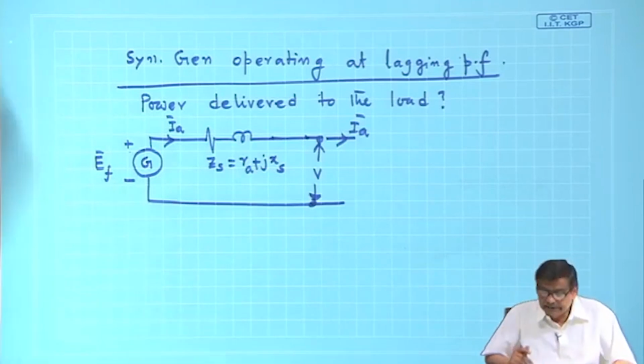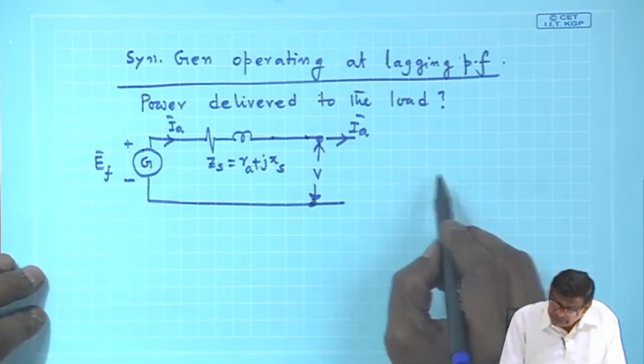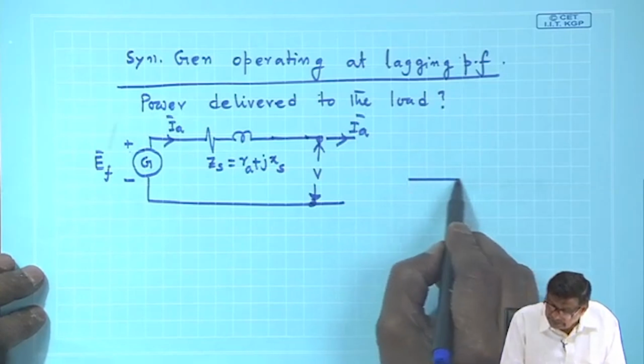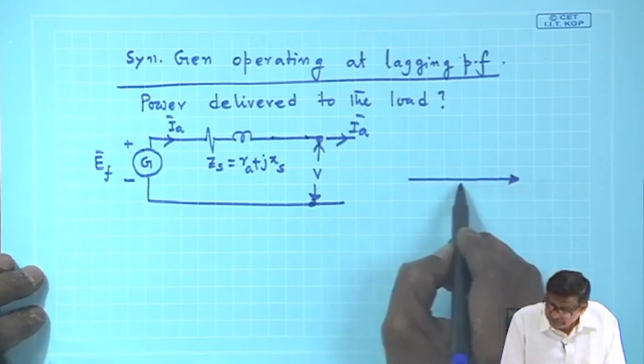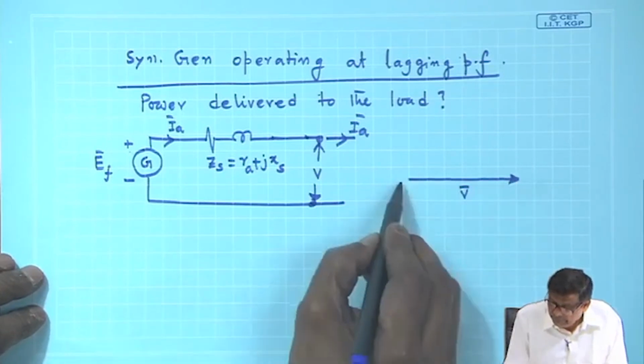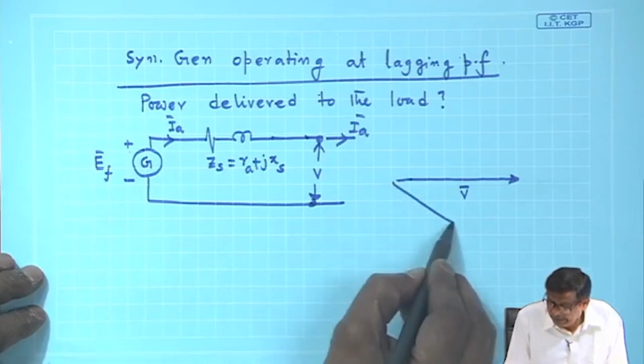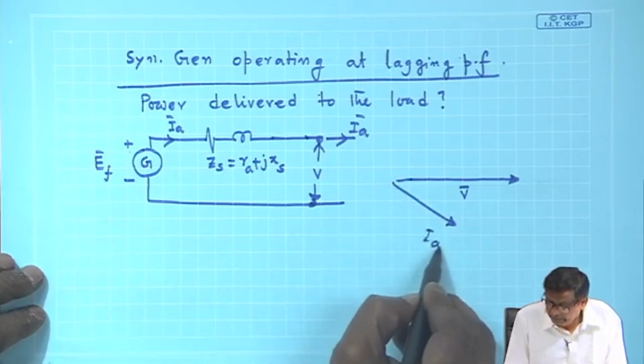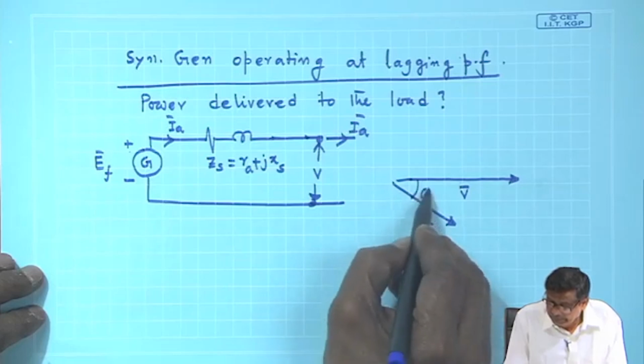In case of generator mode, the phasor diagram will be like this: V, and this is I A, this is theta.